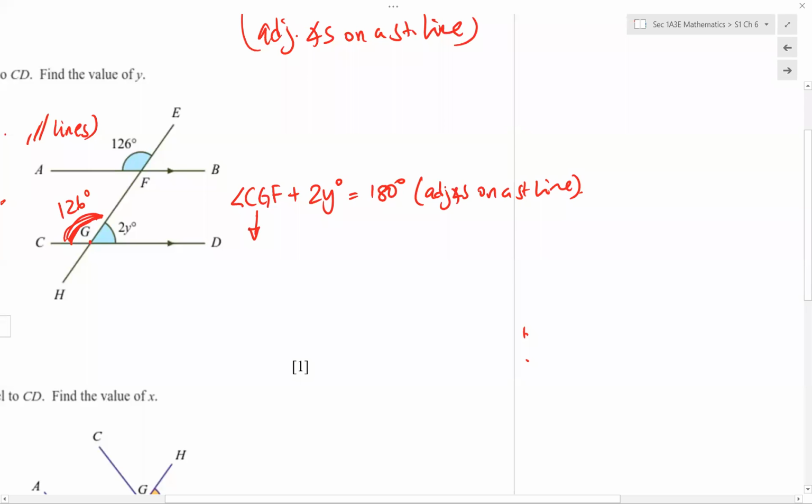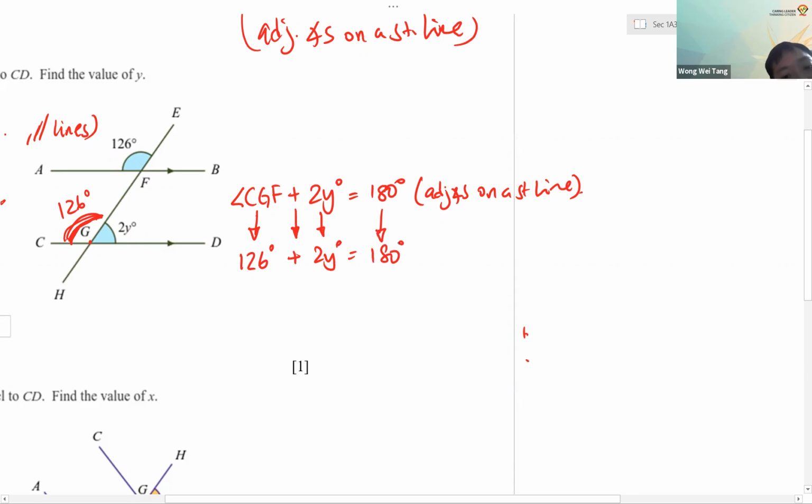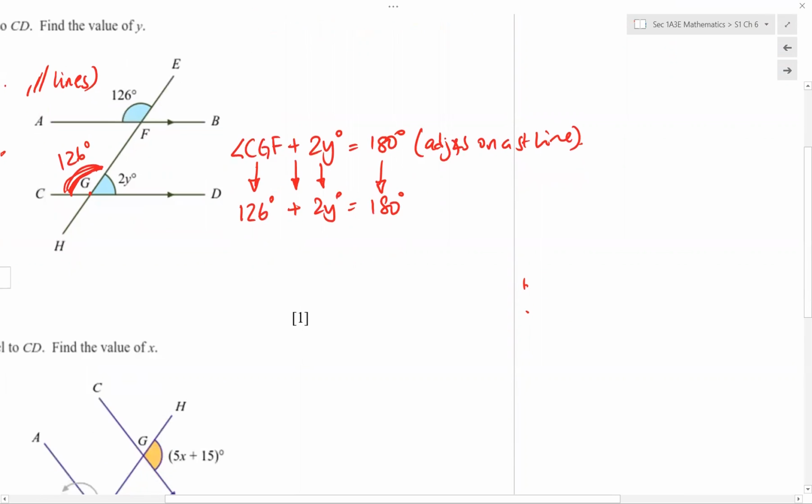126. Yes. Put down the 126 degrees first. Is that difficult? No, okay. Copy down the plus, copy down the 2y, and that is 180 degrees. Okay? What should we do next?